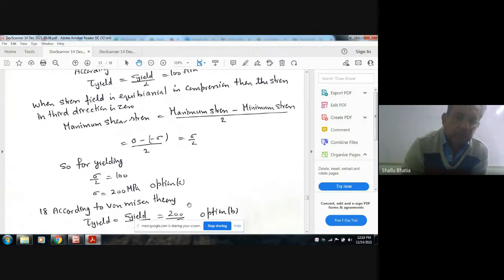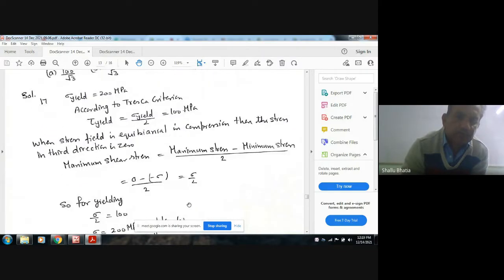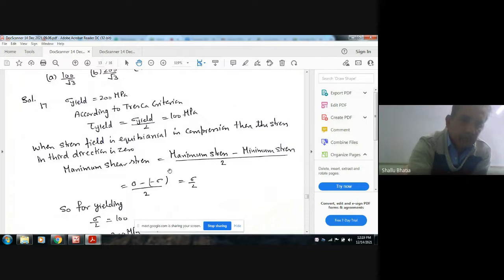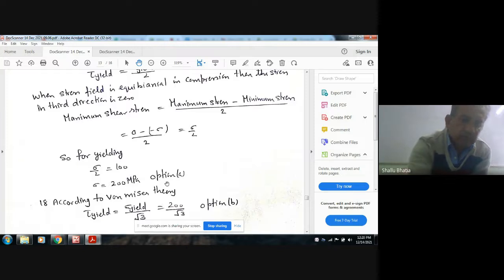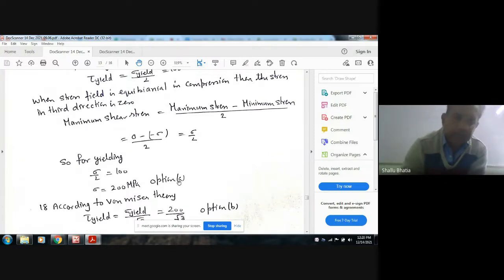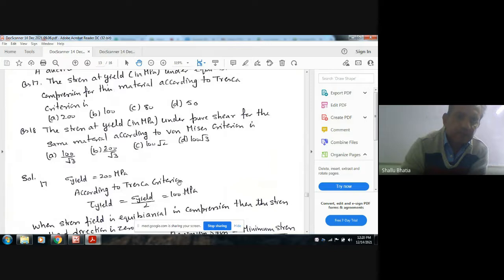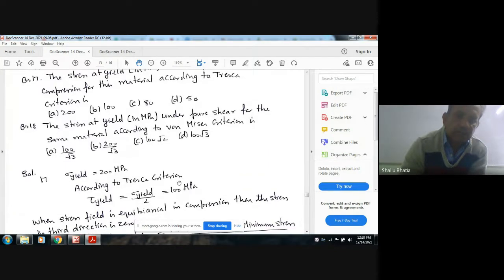For yielding, we put sigma by 2 equal to 100. This is the shear yield stress, and this is the maximum shear stress. So sigma is equal to 200 MPa, so option A is the answer.